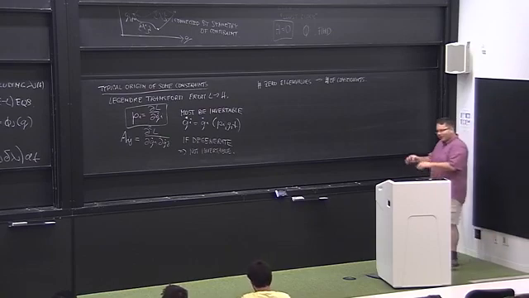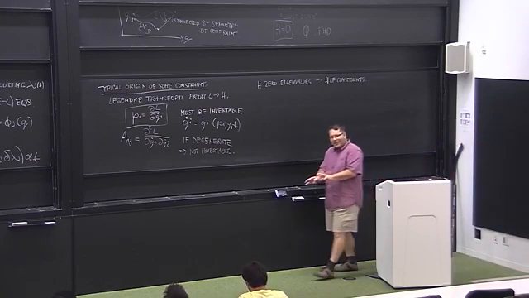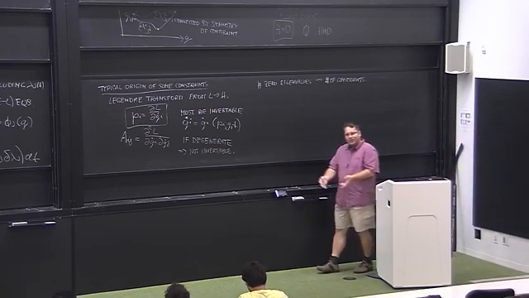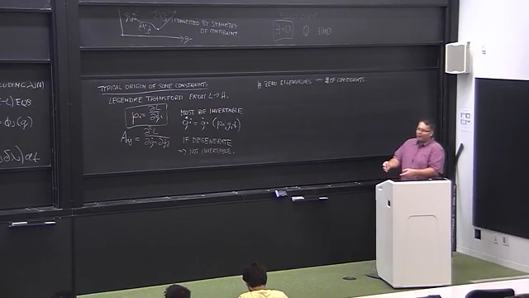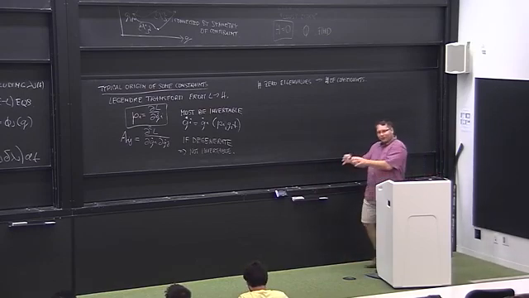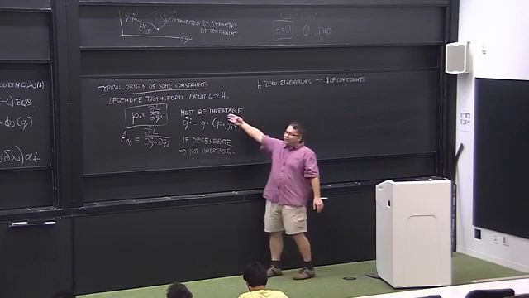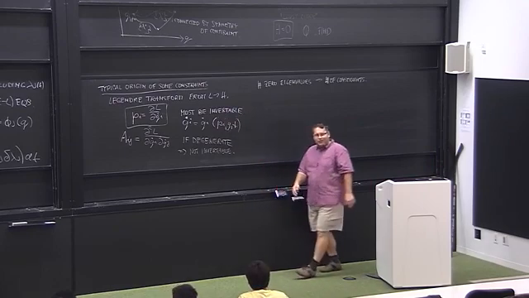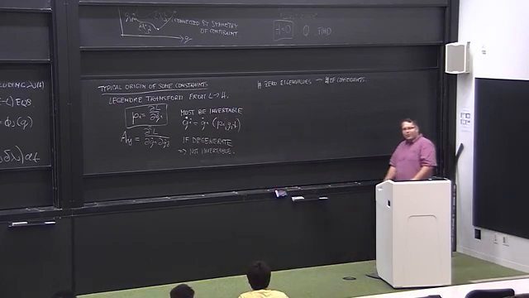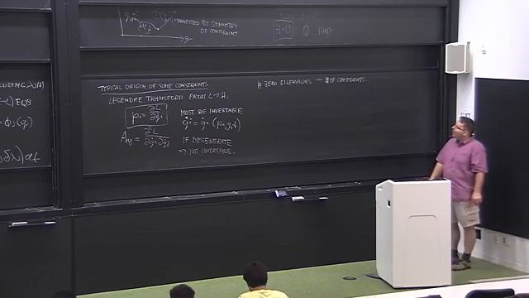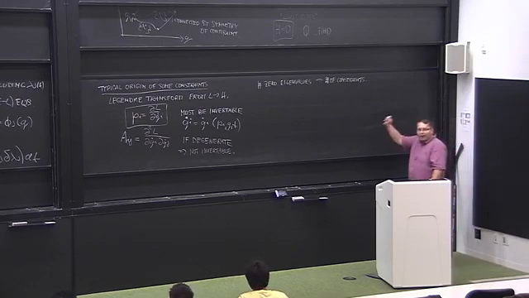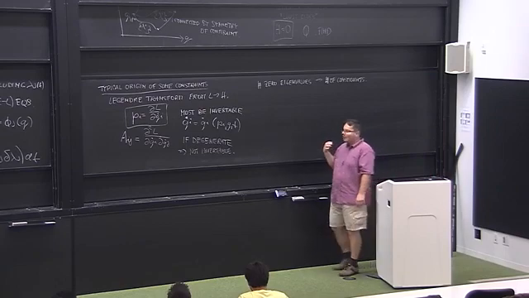But the problem is, this works very well if you want to quantize a scalar field, but if you want to quantize electromagnetism and you want to go from the Lagrangian description to the Hamiltonian one, you precisely find this. You find that some of the momenta are actually screwed up, and you find that there are constraints in the system, and then you have to deal with these constraints if you quantize.